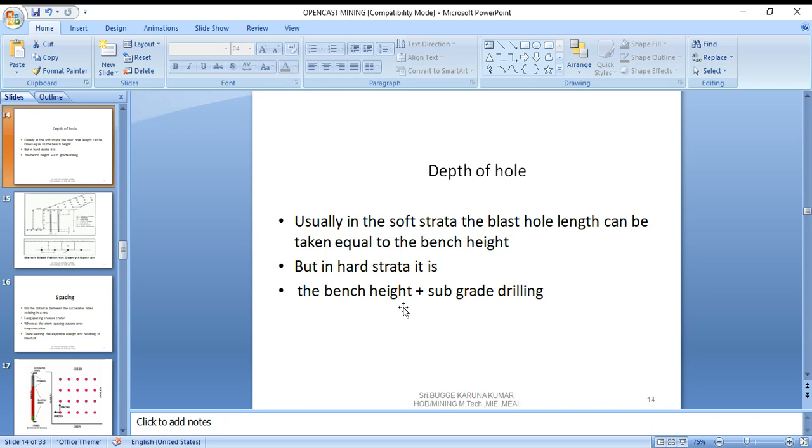So overall bench height is automatically the depth of the hole normally. But in order to avoid toe formations or something, they go through some subgrade. So overall bench height plus subgrade is called the depth of the hole. This is the standardized formula for the depth of the hole.